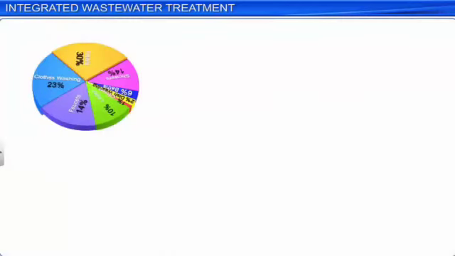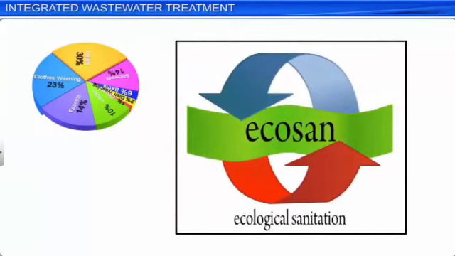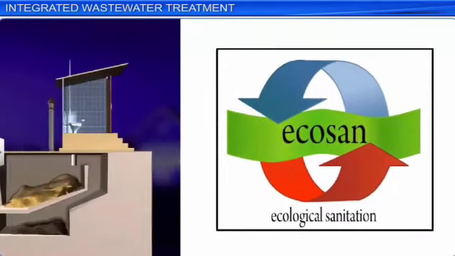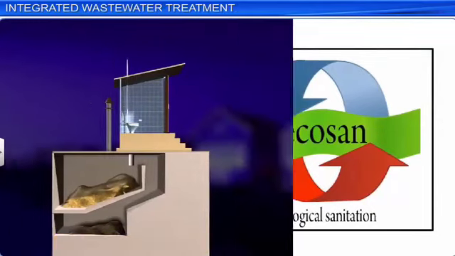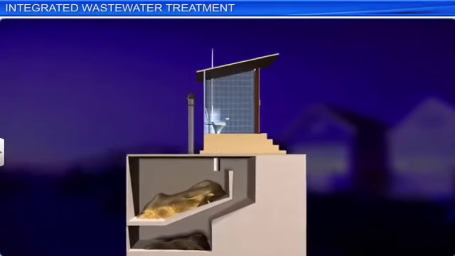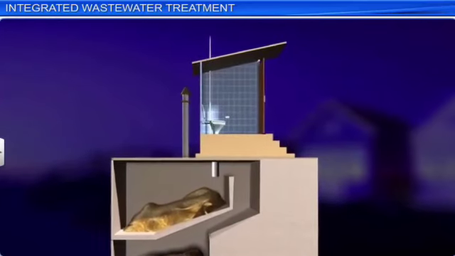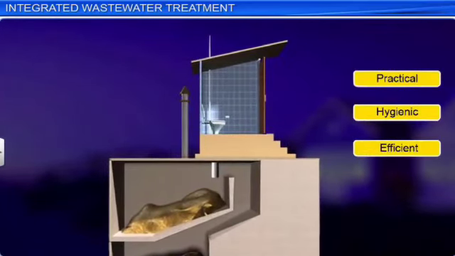The answer is ecological sanitation, or eco-SAN, a sustainable system for handling human excreta by using dry composting toilets. Such eco-SAN toilets not only eliminate wastewater generation, but are also practical, hygienic, efficient, and cost-effective.